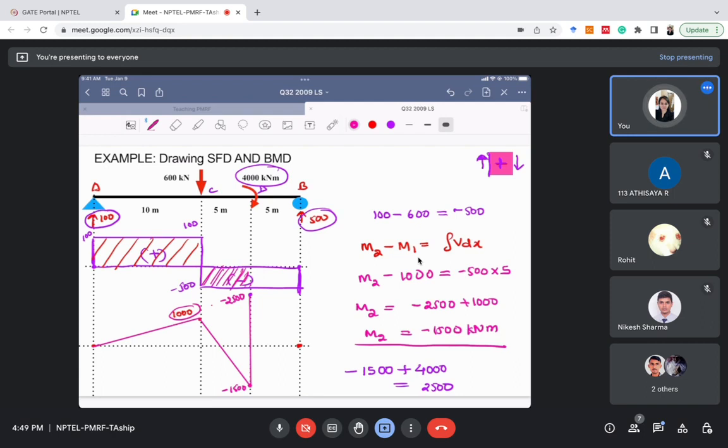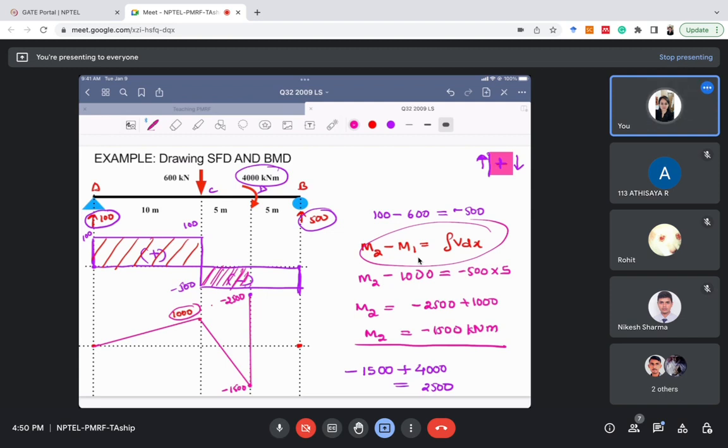You should remember these formulas. You should remember what is positive slope, negative slope, positive increasing slope, positive decreasing slope. Another thing you should remember: whenever there is a point load in the downward direction, the shear force diagram will drop by that amount. Whenever there is a clockwise couple, the bending moment diagram will jump by that amount.